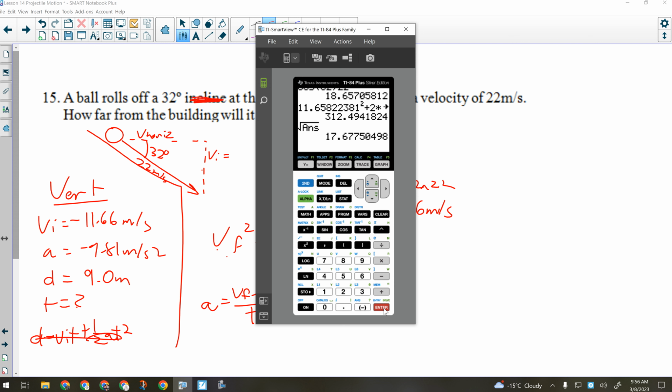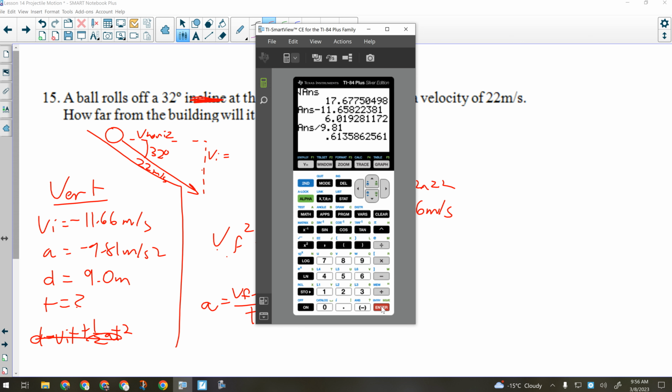Okay, so now that I've got that, now I can use A equals VF minus VI over T, so I'll take that number, and I'll subtract VI, which was that number. And then I will divide that by 9.81. Okay, so I get 0.61 seconds. All right, it's not going to take long for it to fall, that 9 meters.